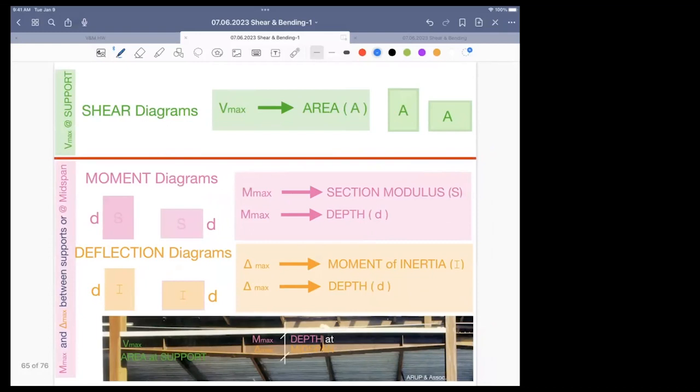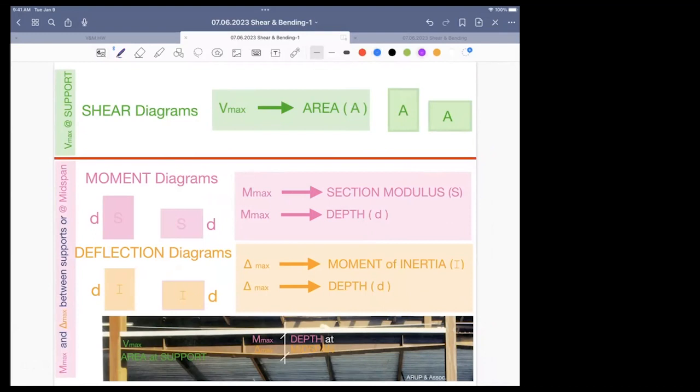Very good. So again, in summary, the shear diagram tells me about the area, how many square inches. The bending moment diagram and its corresponding deflection diagram, which we don't draw, is basically about the depth. It's not about the width. It's not about the area. It's about the depth, disguised as something called section modulus and something else called moment of inertia. Those are depth.